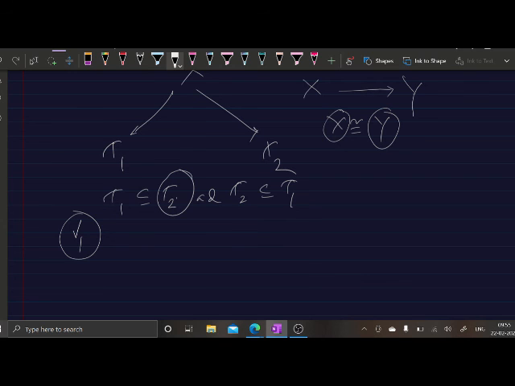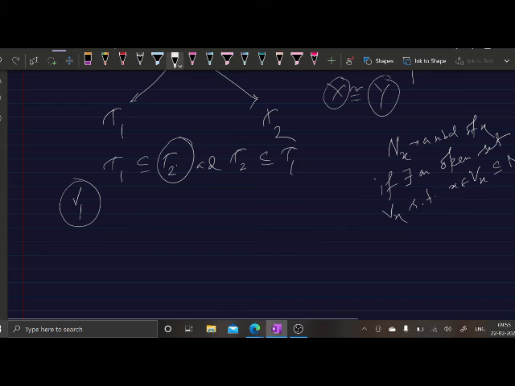Because the neighborhood changes here, since the definition of neighborhood in a metric space was an open ball. Here, nx is a neighborhood of x if there exists r greater than 0, but here there is no open ball. Here I have to say: if there exists an open set, such that x belongs to vx subset of nx. So in terms of open set you need to define the neighborhood of x.